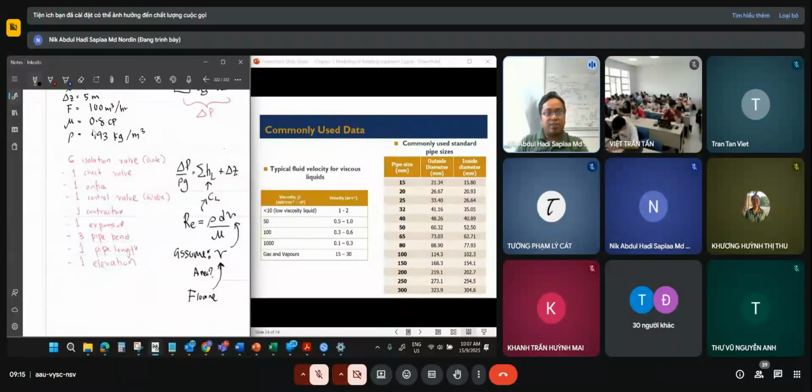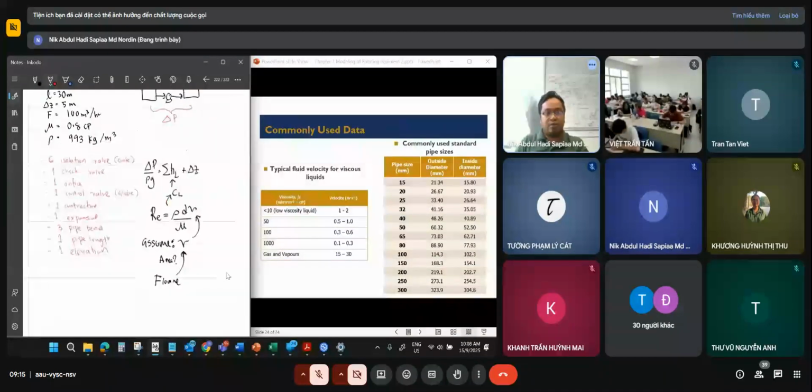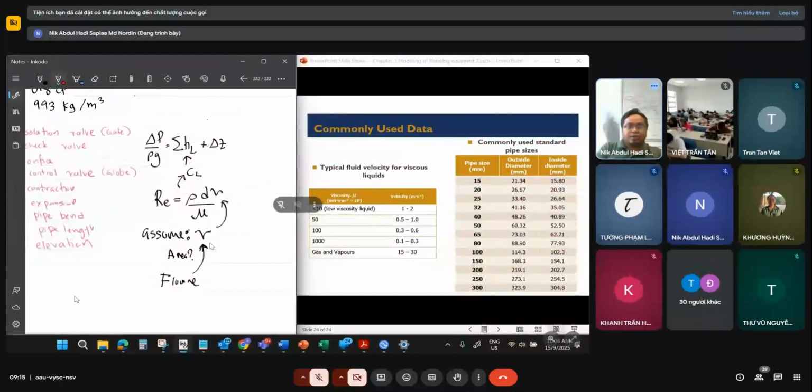Our viscosity is 0.8, so it is a low viscosity liquid. So we can assume the velocity 1 until 2. So let's assume our velocity equal to 2 meter per second.